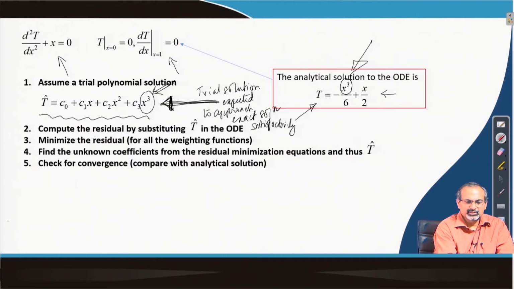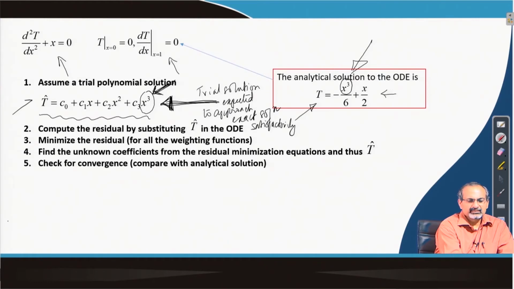So, we may not always be very fortunate to have the analytical solution available with us readily. In that case, it is rather difficult to guess what should be the minimum order of the polynomial. So, based on experience, we have to choose the minimum order of the polynomial in such situations.